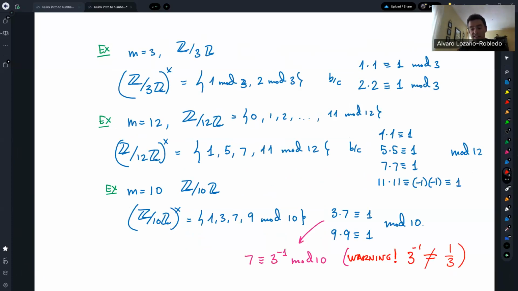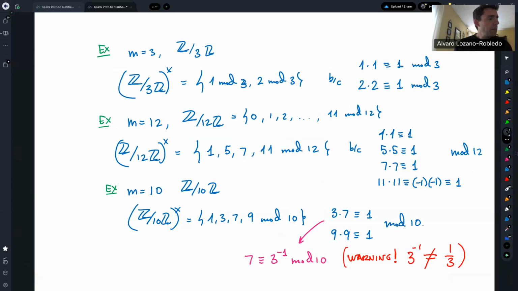That is just notation to say that the number 7 is the multiplicative inverse of 3. It has nothing to do with the number 1/3. It's the same concept because 1/3 is the multiplicative inverse of 3 in the rational numbers, but here the multiplicative inverse of 3 is actually the number 7, or the congruence class of 7.